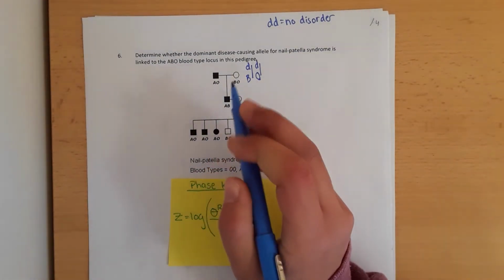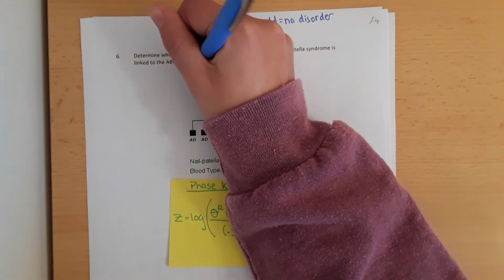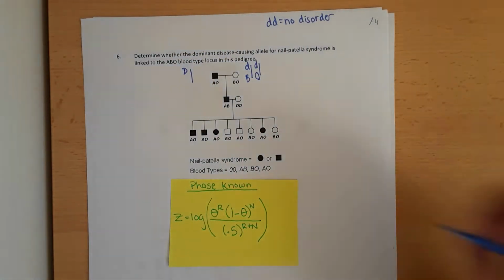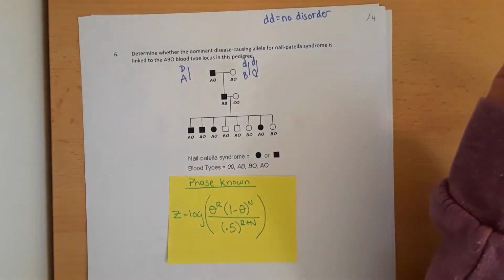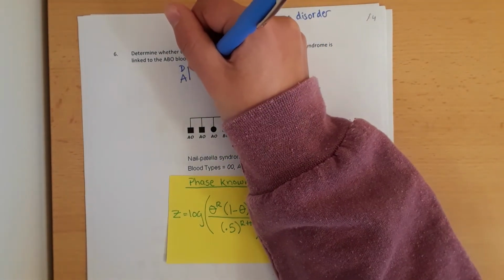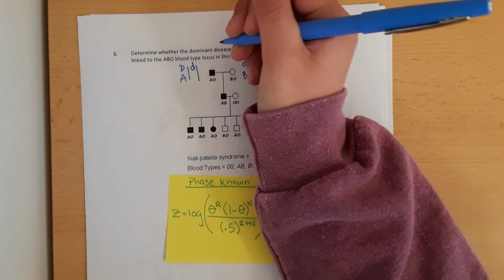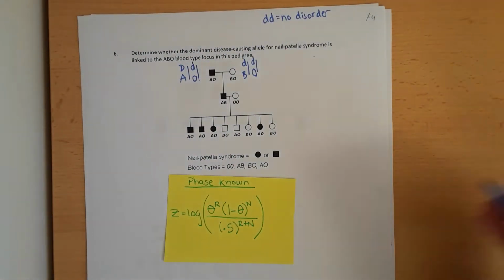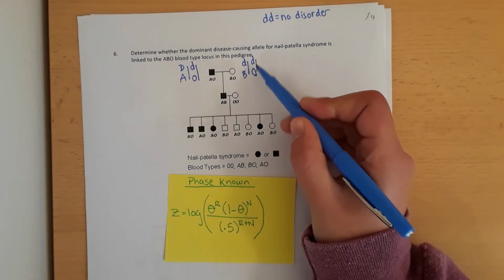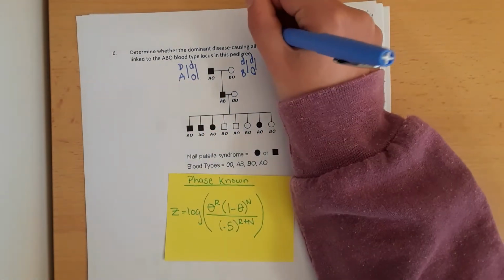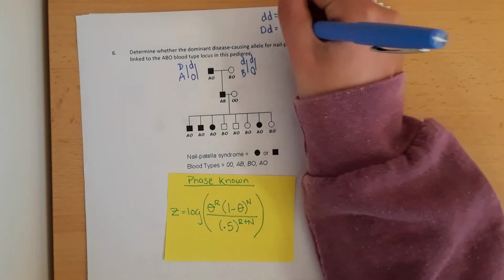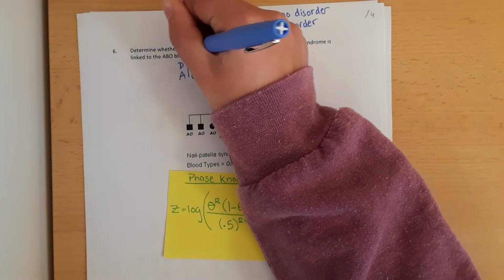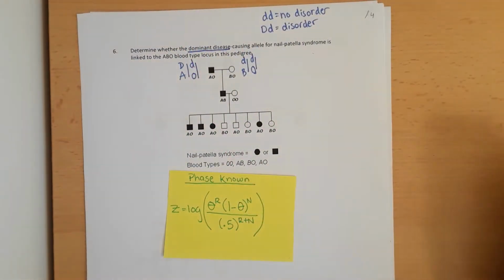And this person over here, we're going to assume that the disease gene is on marker A, and then a little d can be on the O. Like here, but even though it's capital D, lowercase d, the person is still shaded in because we are looking at a dominant disease.